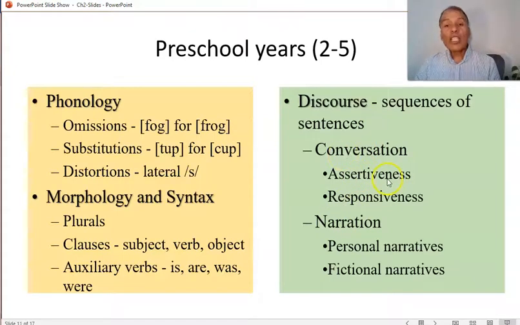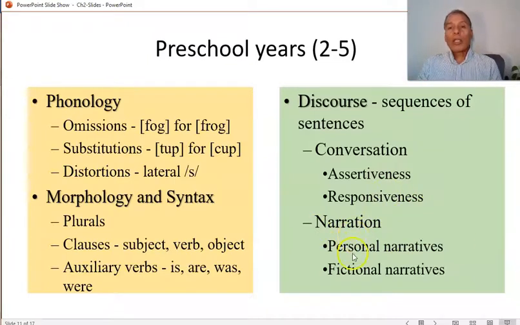For conversation, the child at that time is able to assert herself or himself using communication. Like, they can say, excuse me, may I go to the bathroom? That's assertiveness, advocating basically for themselves using language. Responsiveness is when someone speaks to them, they reply back.